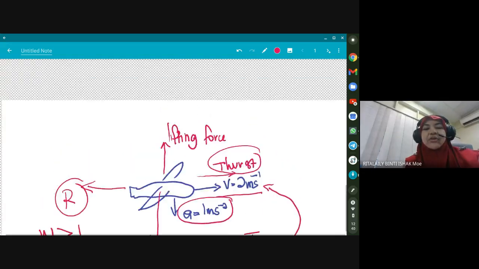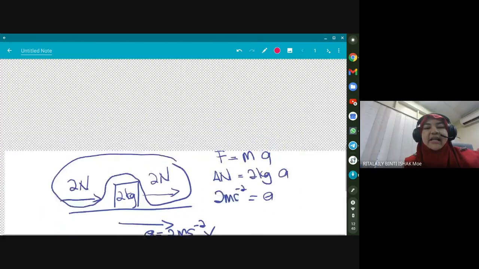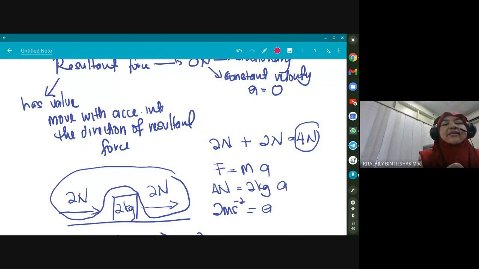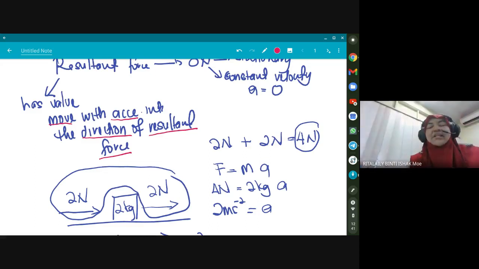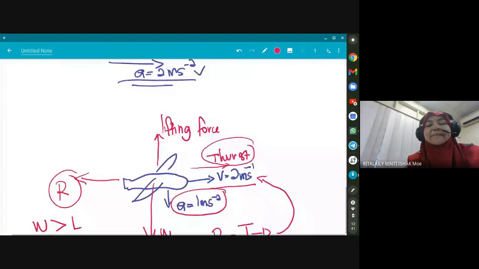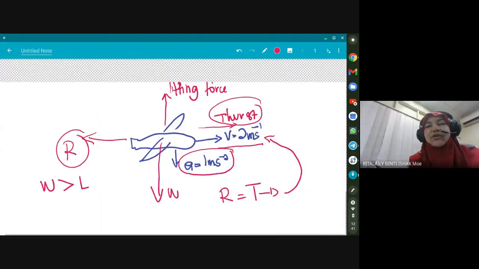Okay, if you look at the notes that I gave earlier, when the resultant force has a value, it will move with acceleration in the direction of the resultant force. Okay, and the bigger force will produce the resultant in its direction. Okay. So this one, boleh follow?